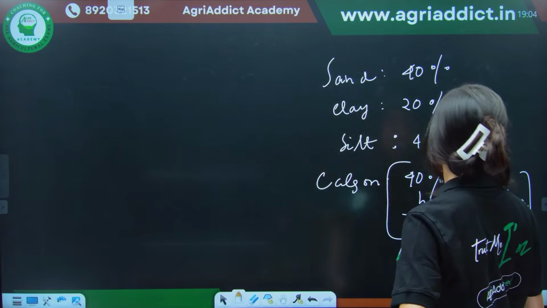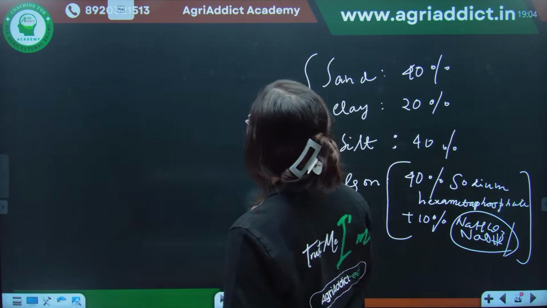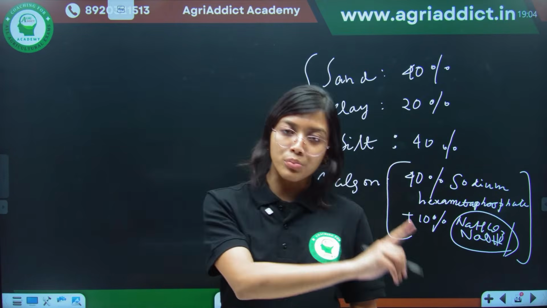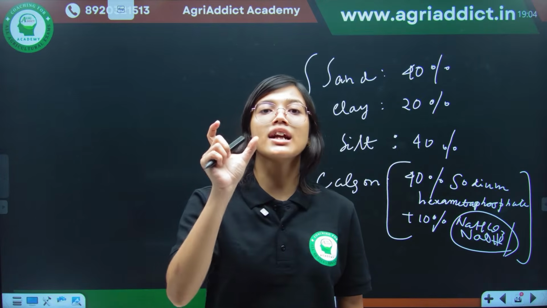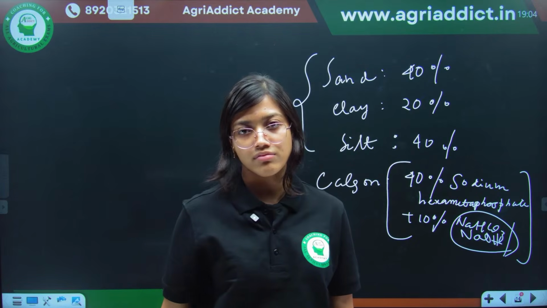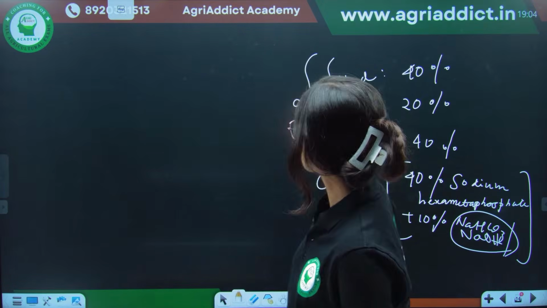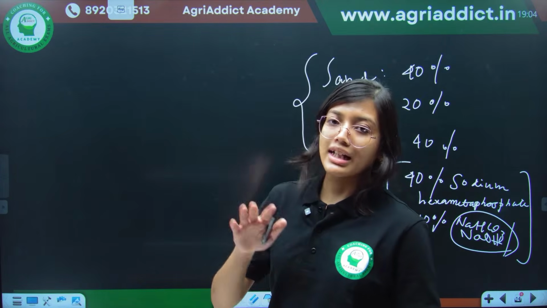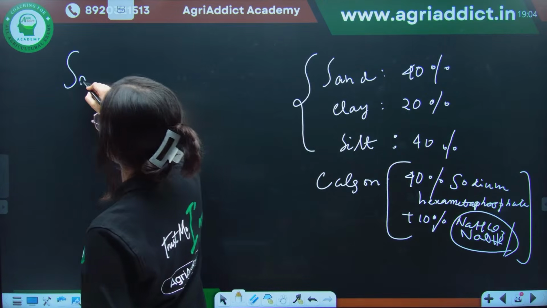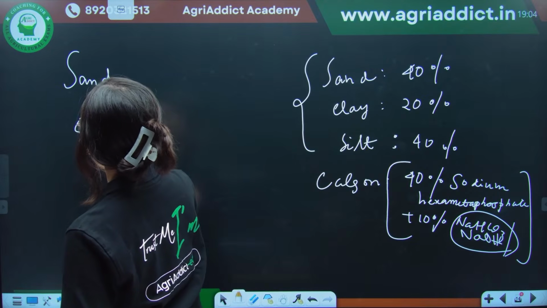Now what I was discussing is that after finding out the relative proportions of sand, silt and clay, you will have to assign a particular textural class to your soil. We were talking about soil texture, where we have sand, silt and clay.